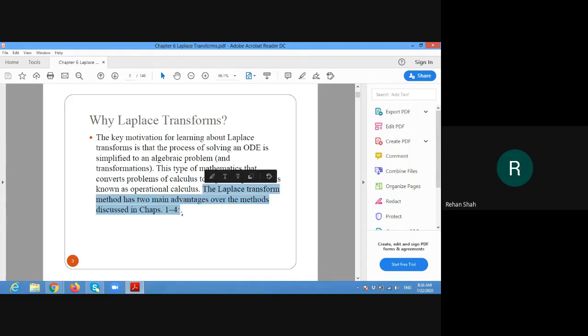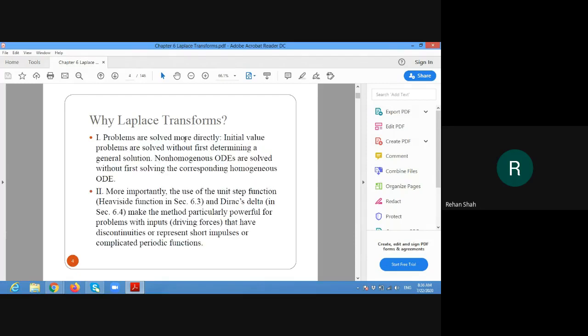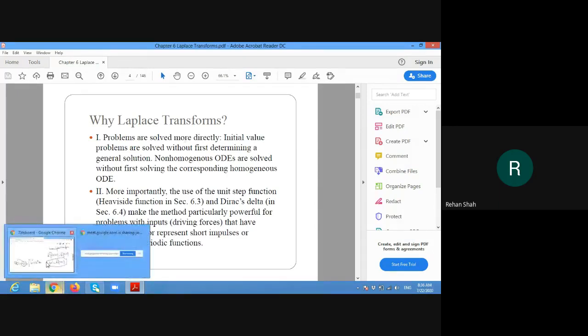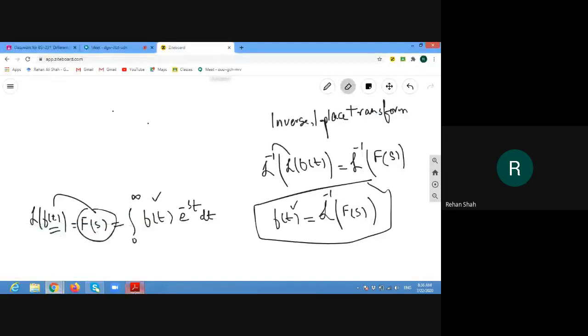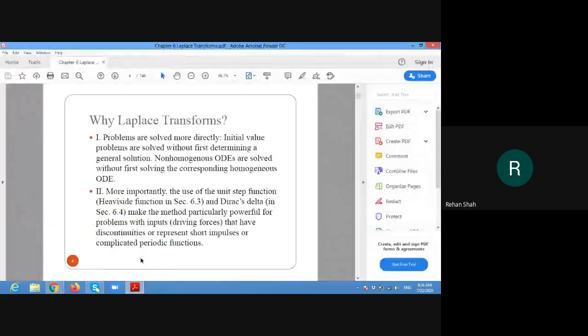First advantage: in other methods, when solving a differential equation, first you find yc, then you find yp, and then you add these two solutions and you get a general solution.